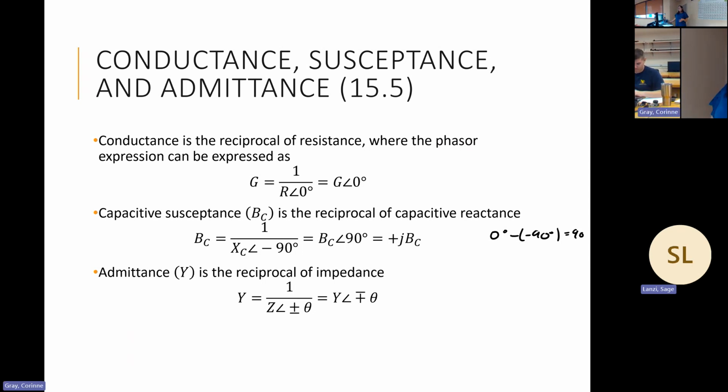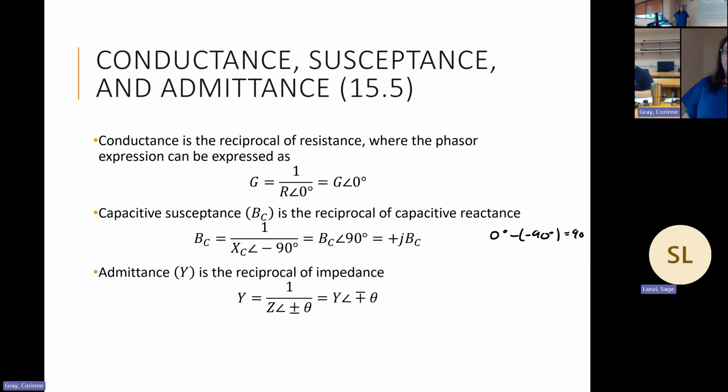Because at the end of the day, very often we still are going to be looking for the impedance value. So all of these here are just to help you do the math. Still, very often at the end, we want to flip over the admittance to get that impedance value. That is the more important value of the two of them.